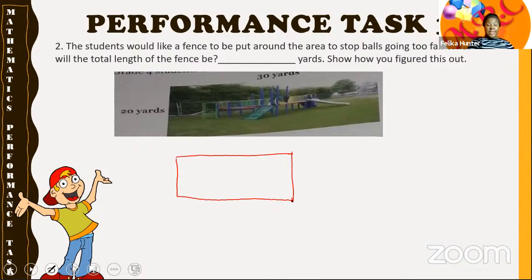Okay, so here is 30 yards, and here is 20 yards. If I'm going to fence this area, how much fencing would I need? What's the total length of fencing I would need?